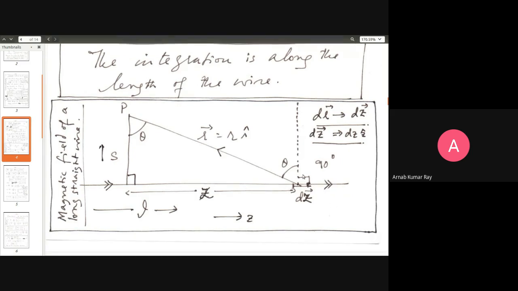What is the direction of a cross product of two vectors? That direction will be perpendicular to the plane containing the two vectors. And this paper is the plane that contains the two vectors. One vector is the infinitesimally small line element dz, and the other vector is r cap.